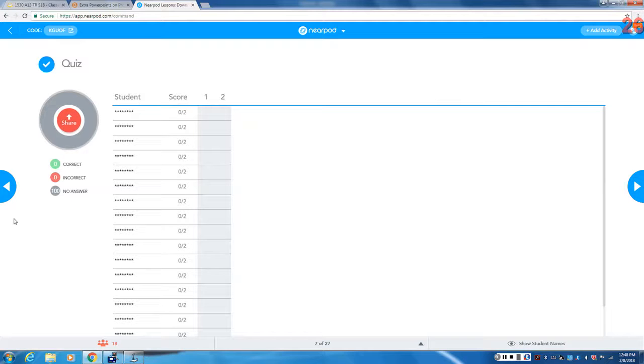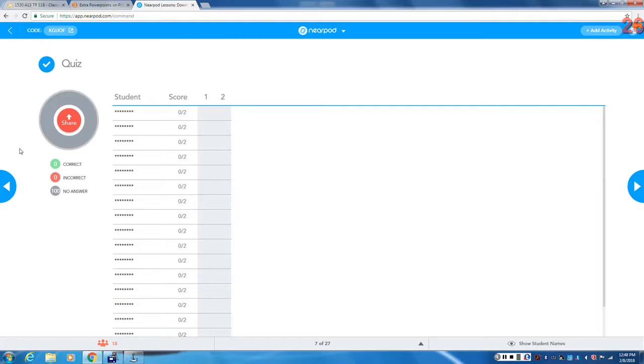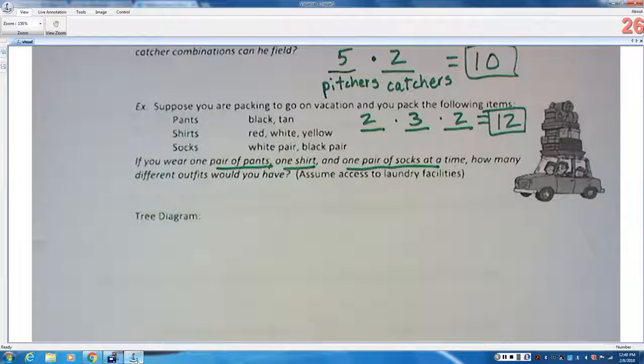Oh, you guys not in this Nearpod? Oh, no, we can't do the quiz yet. Okay, get into the Nearpod. I'm going to back out of the quiz. I should keep going on my notes. I forgot how far I need to go. Oh no, I wanted to back out of the quiz here. We have to keep going on the notes.